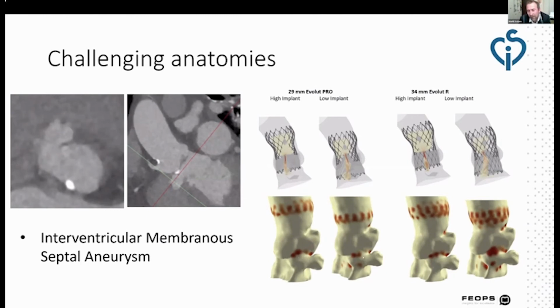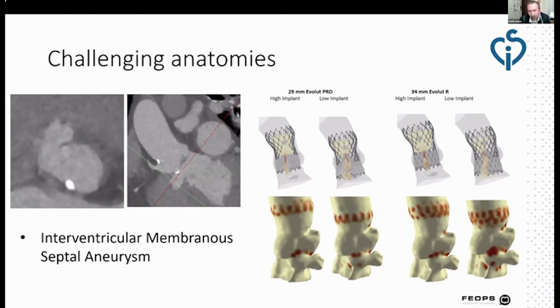I was worried that we have so much contact pressure in that area where the aneurysm is that it might rupture. So we decided in the end to put an Evolut Pro 29 millimeters in there, but with a very high implant height, so that we could avoid that contact pressure that you see in the right lower corner.